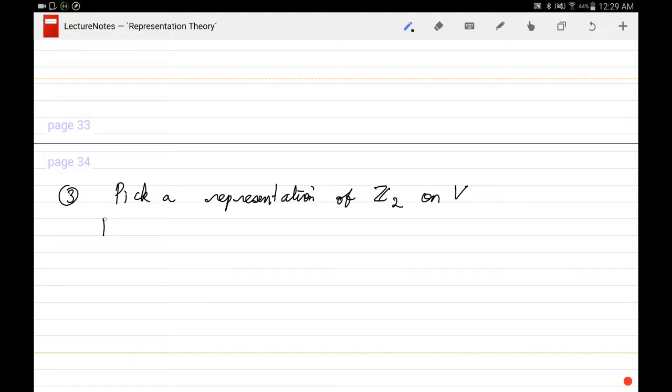So let's make the dimension of V equal to 1.